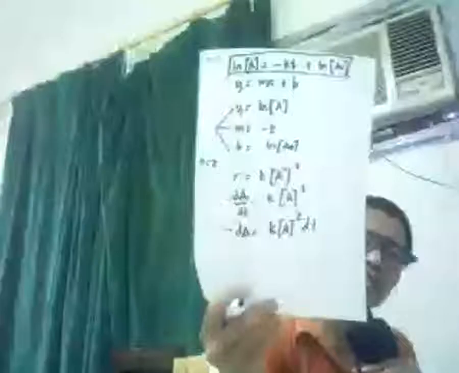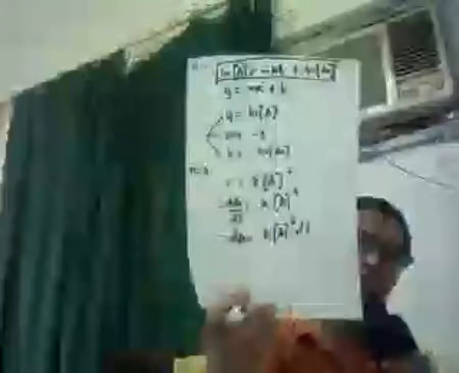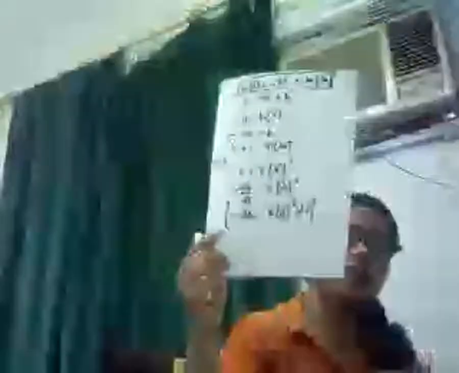So negative dA equals k A raised to the power 2 dt, right? Cross multiplication in algebra. Now, to cancel the A squared, the whole thing will be divided by A squared, so 1 over A squared.